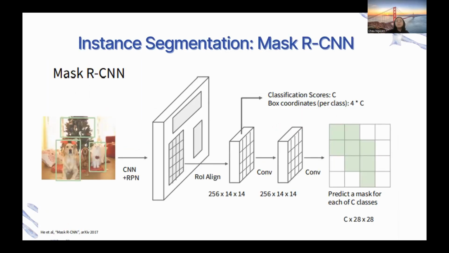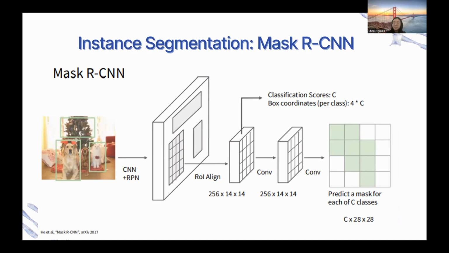Something you'll see is that these models build up on one another. One way to do instance segmentation is Mask R-CNN, which is based on Faster R-CNN. You recall from before, in Faster R-CNN, we have a region proposal network, and then we use a convolutional layer on each of these regions.